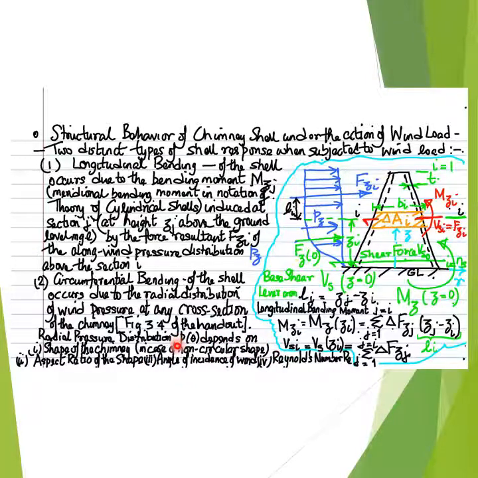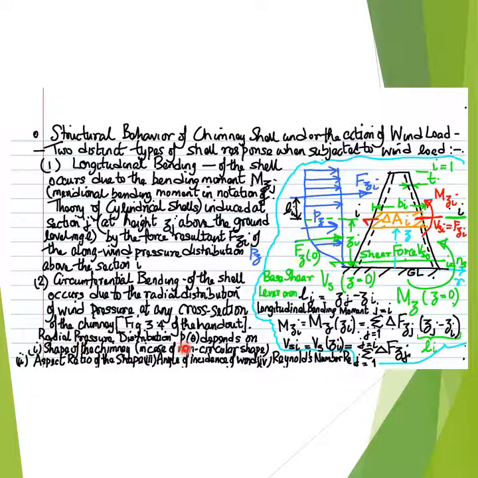In case the chimney has a non-circular shape, however, the scope of the present discussion includes only circular cylindrical chimneys, and therefore the particular factor, that is the shape of the chimney, in the scope of the present course is not relevant, since we are discussing only circular cylindrical chimneys.